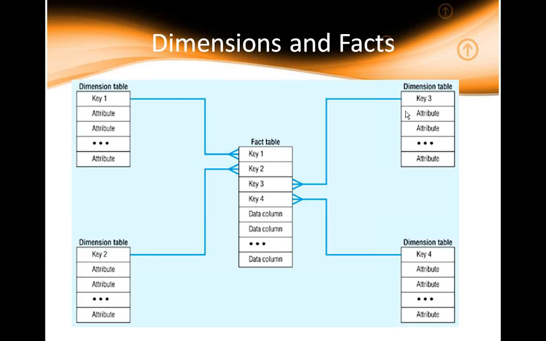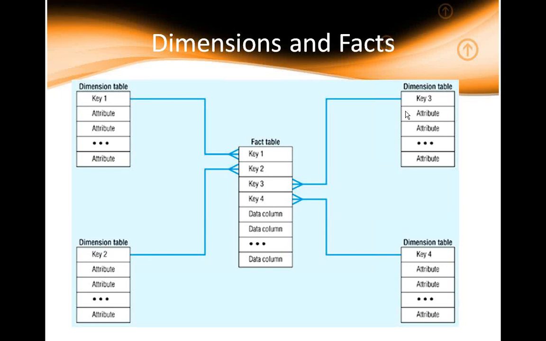If you have a business sales domain, a sales department, there may be many dimension tables. There can be one dimension table with the details of a customer, another with the details of stores, and another with the details of products.